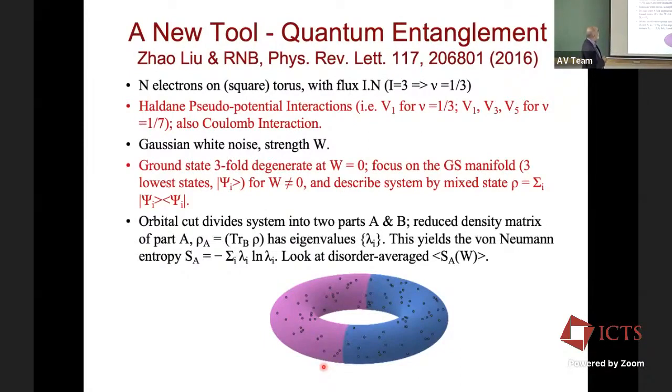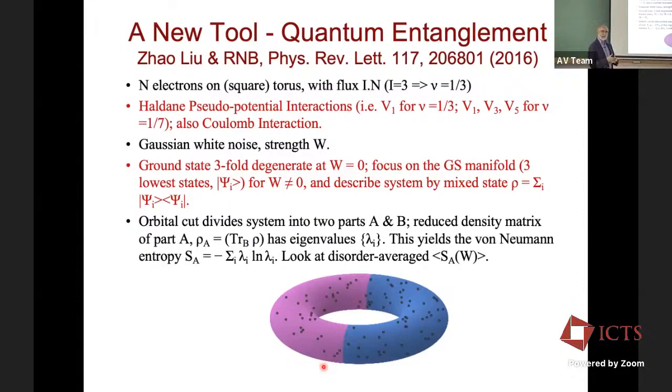And what we did was, again, took the same geometry, n electrons with periodic boundary conditions, that is on a torus, because we have periodic boundary conditions in both directions. For simplicity, we were here not interested in trying to match the experiment.